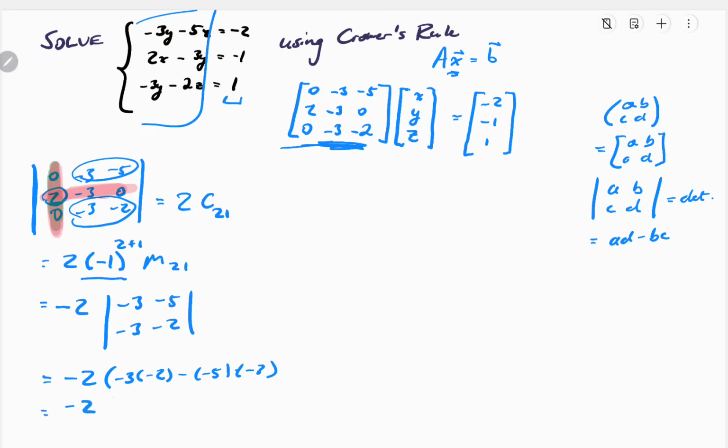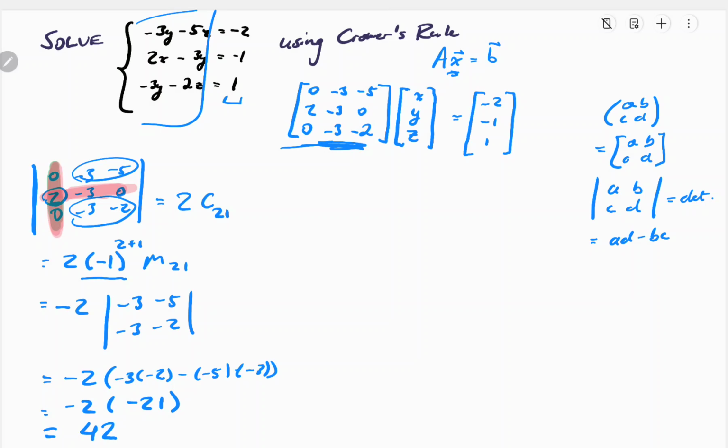So we have -6 minus 15, which is -21. Okay. So now we have a negative times a negative, so that means the determinant is 42 for the original.